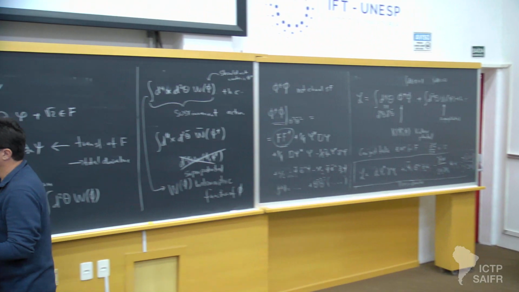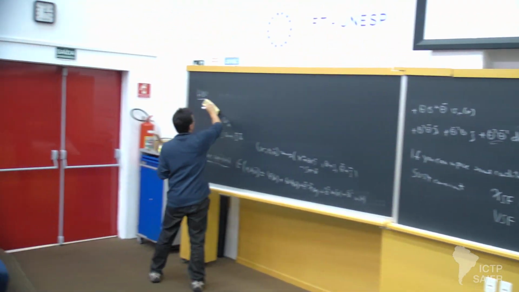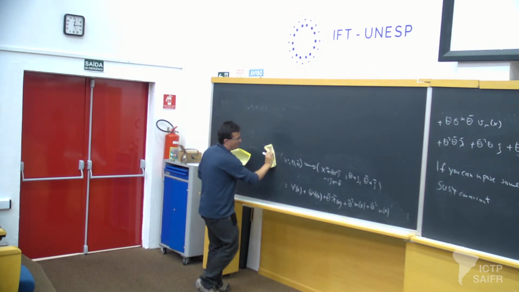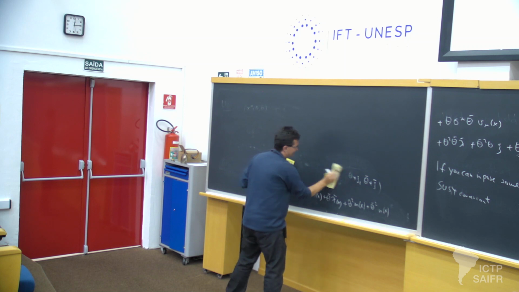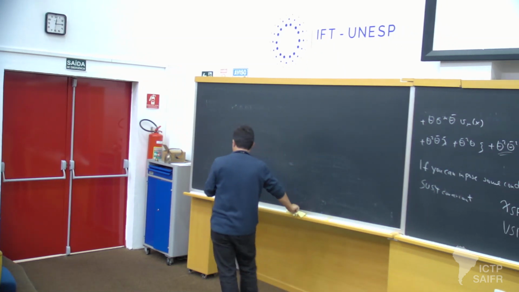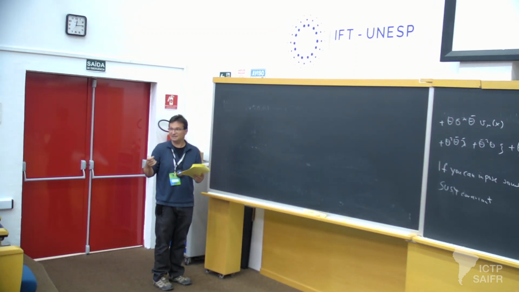Now you have to repeat this for the vector superfields, and I'm going to do this relatively quickly and schematically, because you understand the logic. For the vector superfields, first of all, how do I make it a gauge theory?